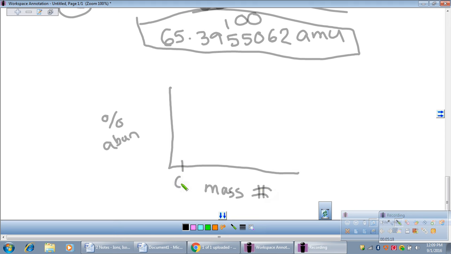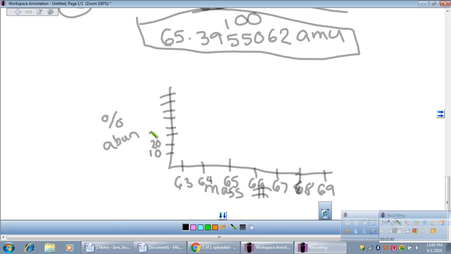So let's say we're going to graph our 5 isotopes, with 10, 20, 30, 40, 50, 60, 70, 80, 90, 100.